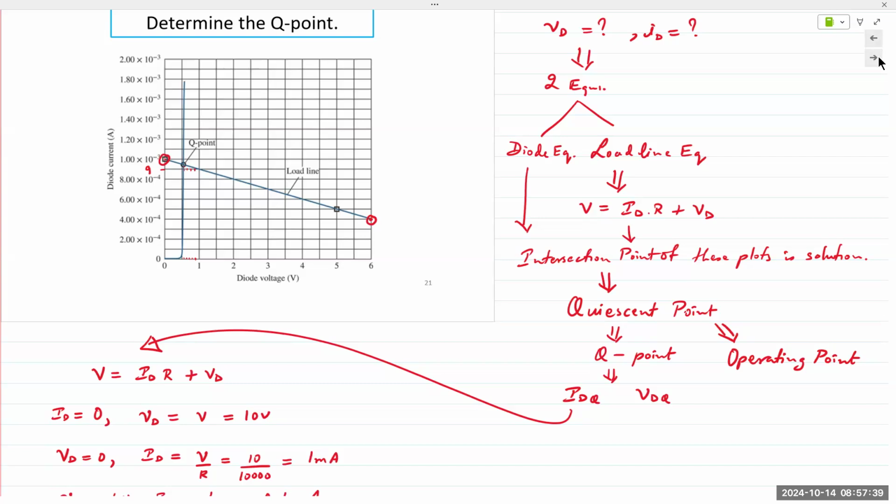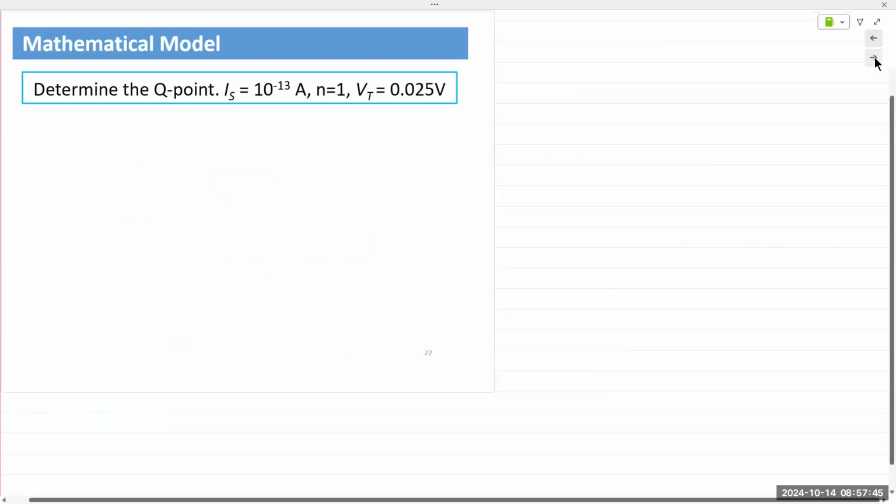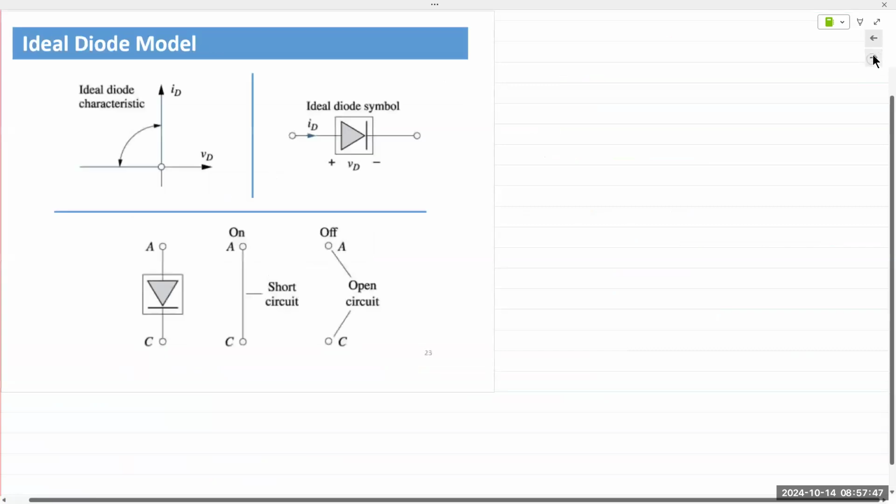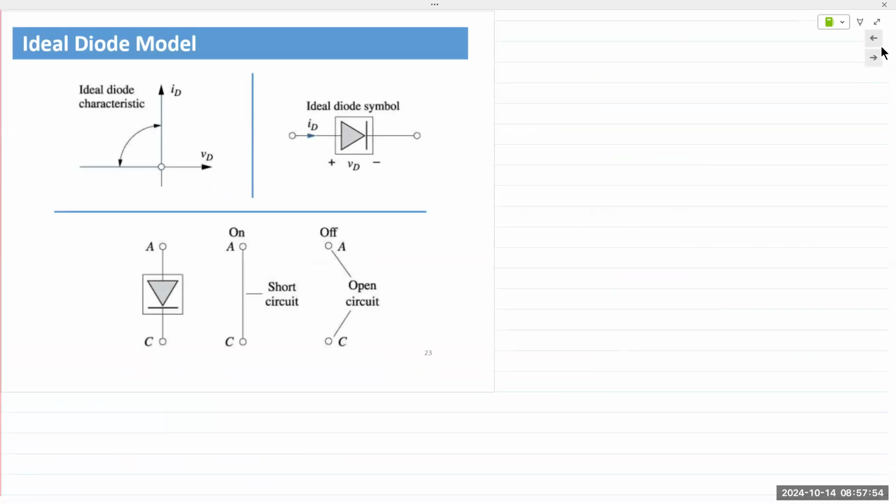So we have just enough time. I want to get into this, but it's going to take a while, so I'll leave that for next class. Ideal diode model. I want to talk about at least what the ideal diode model is. So the ideal diode model is a third technique, but again, it doesn't really matter which one we do first.